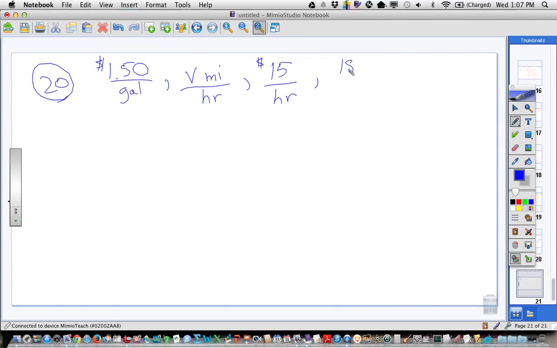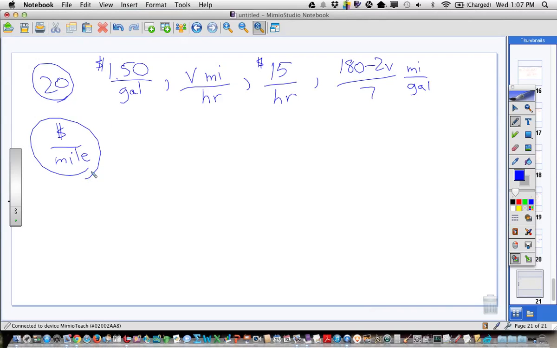And we have this (180 minus 2V) over 7, and that was miles per gallon. So we want to rent this limousine, and what we're looking for is dollars per mile. Or no, is it dollars per mile or per hour? Cost per mile. So we want to end up with dollars per mile.